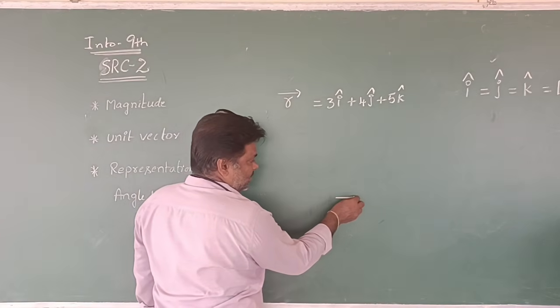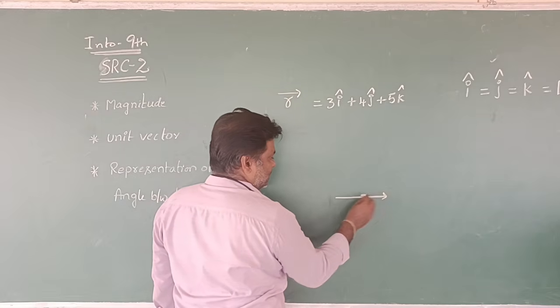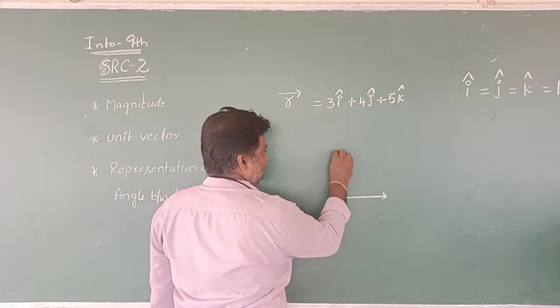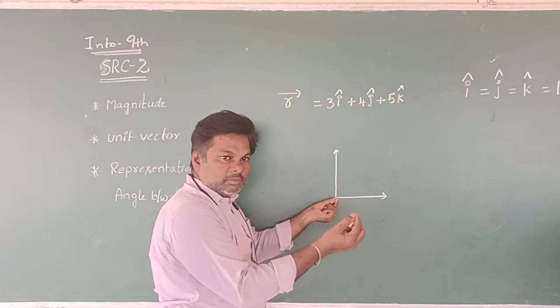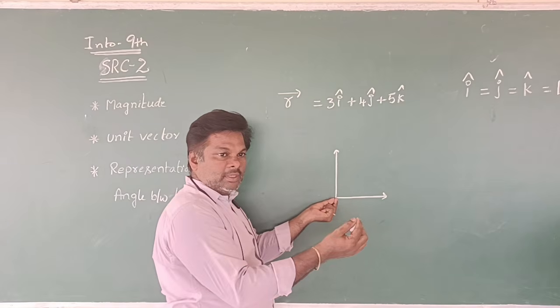This is the x-axis, always horizontal, the vertical is the y-axis, and the z-axis comes out towards you.